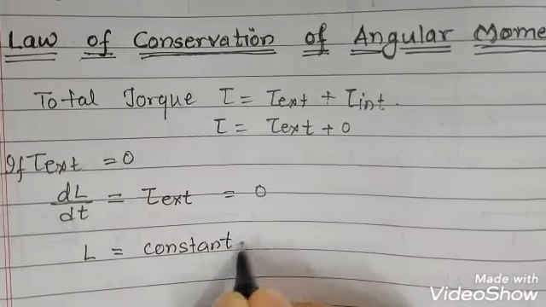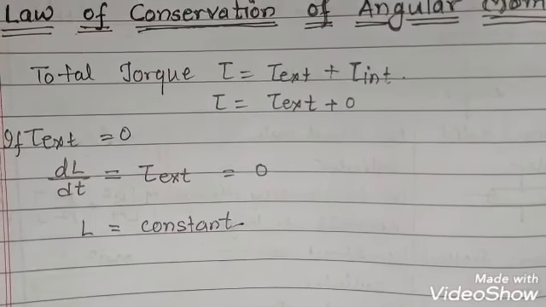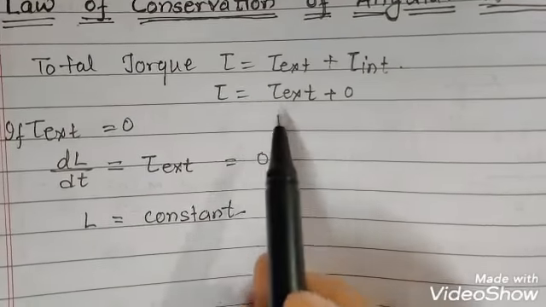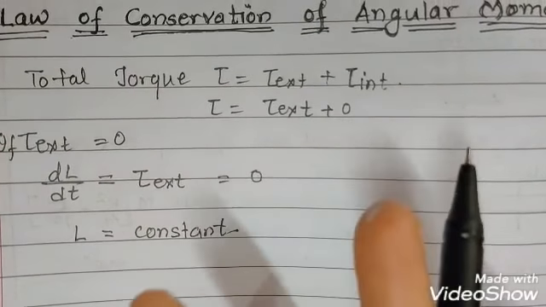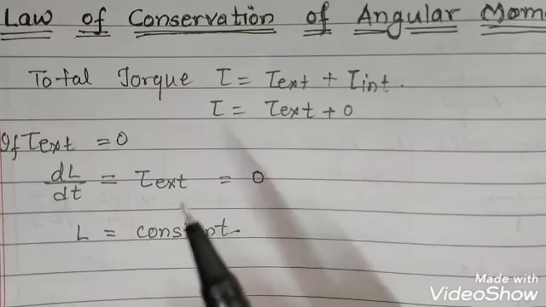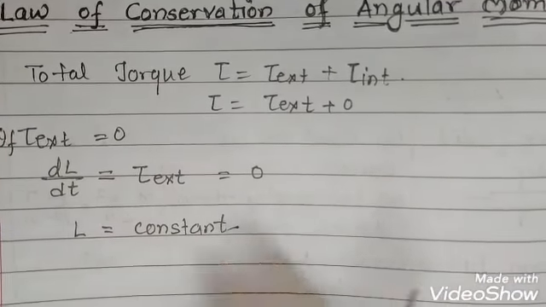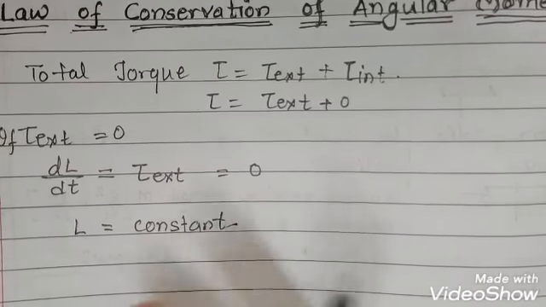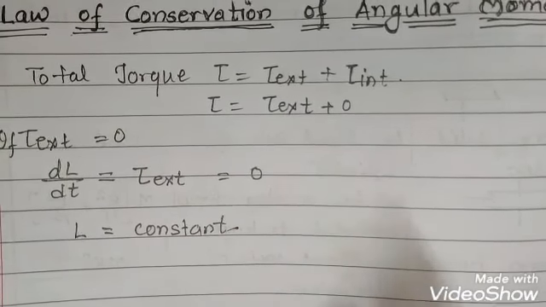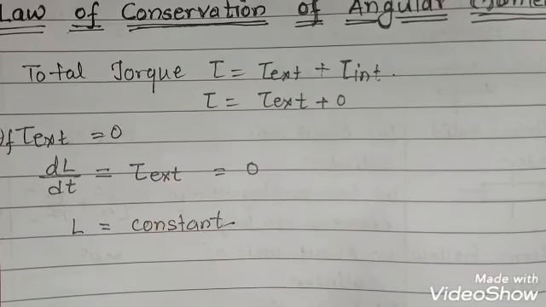The meaning is that for an isolated system, if tau external is 0, the system is working inside only, all the particles are applying force on each other, and no external torque is there on the system.